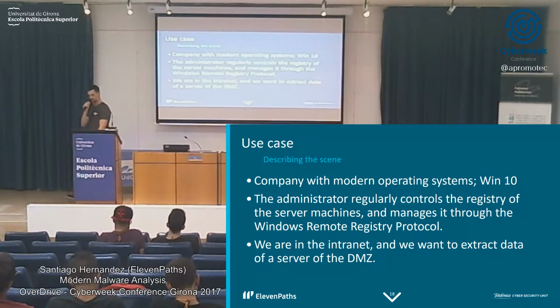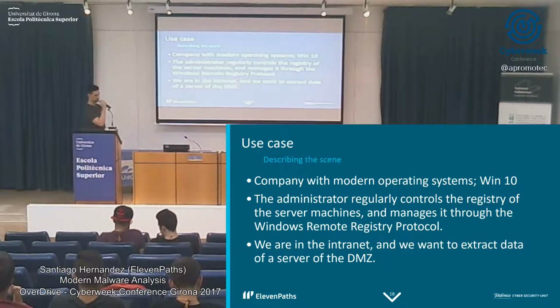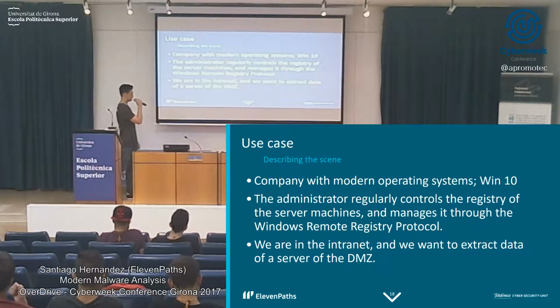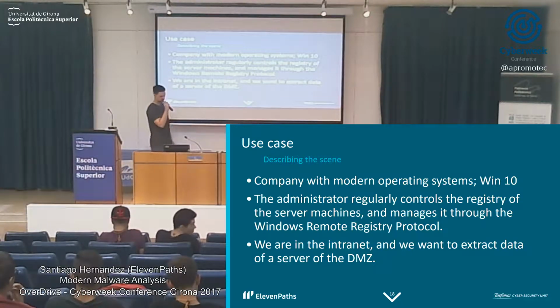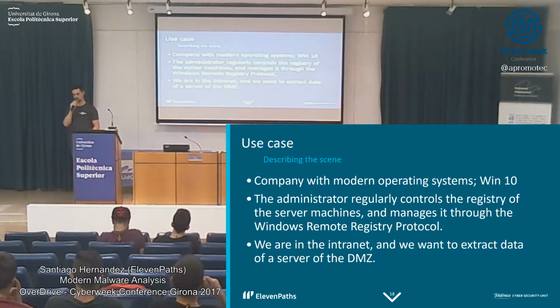Let's suppose that we are in a company that has modern operating systems, like for example Windows 10. We know where the employees are in the intranet. We know that the administrator regularly manages some servers that are in another network and have some information, and he does that from the intranet where the employees are.